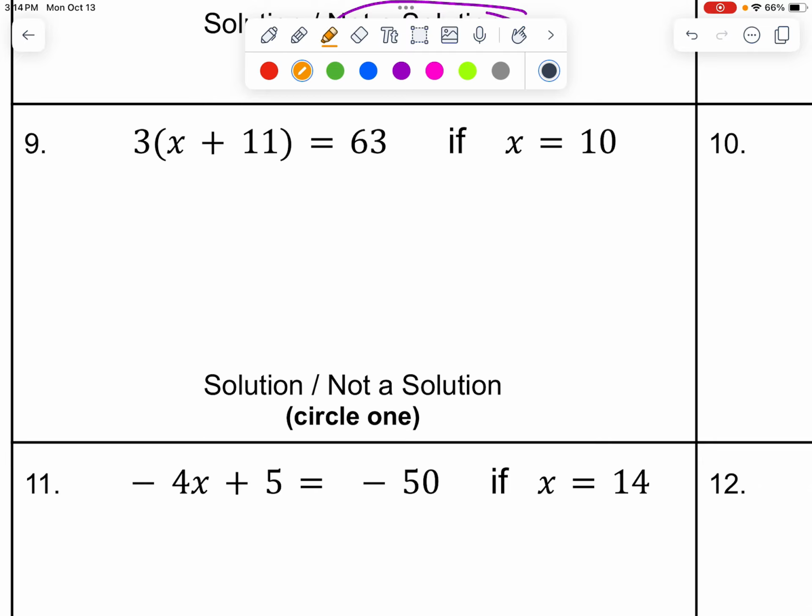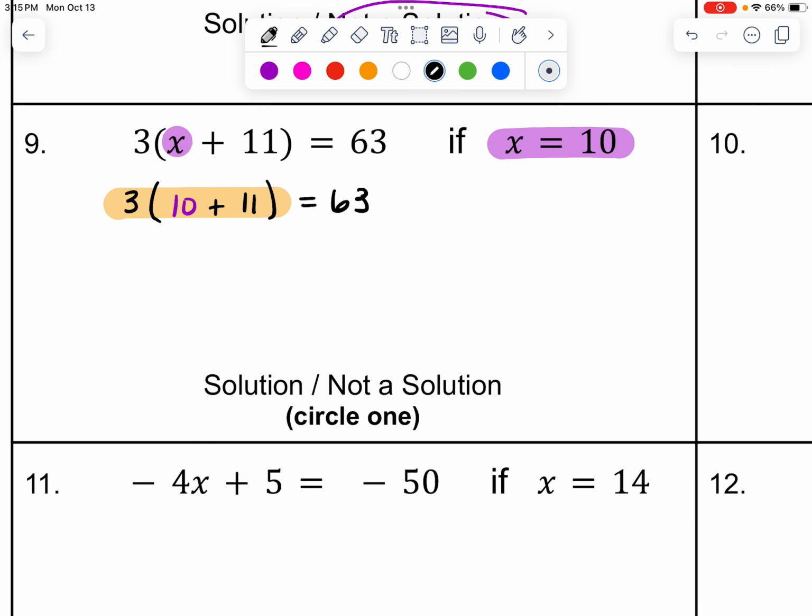For number 9, here is my variable, here is my value. First, I will substitute 3 parentheses 10 plus 11 equals 63. I will type in the left side on my calculator.